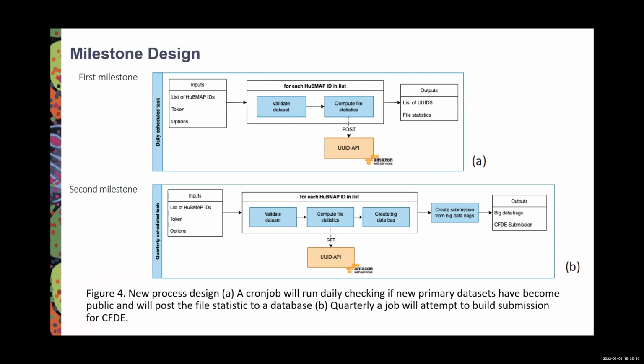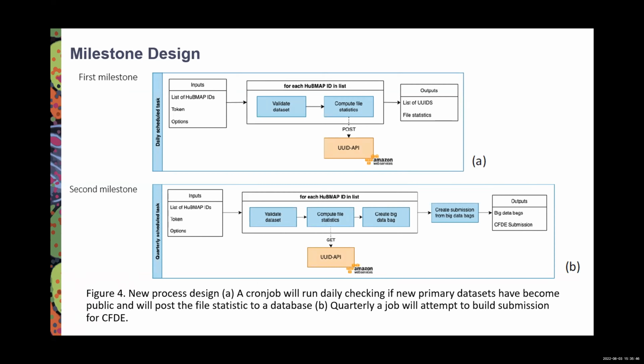This is the proposed design for the first milestone, the system. The idea is, as I mentioned before, we want it to run automatically. So the system would detect new public primary data sets, and when it detects one, it will validate and compute it and store it in the database by itself.